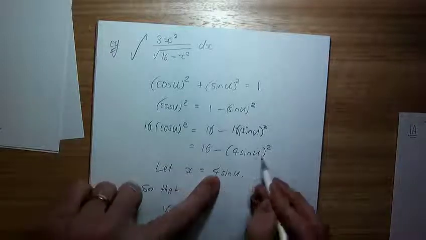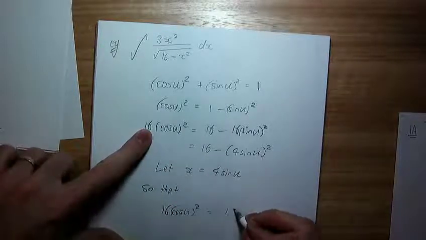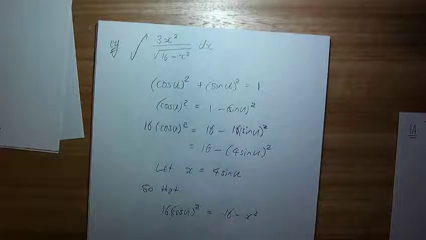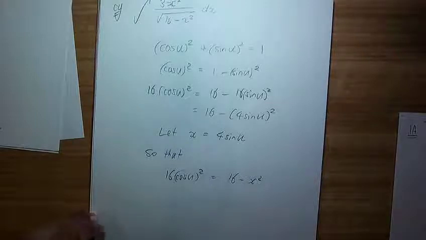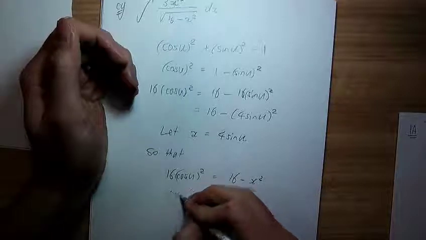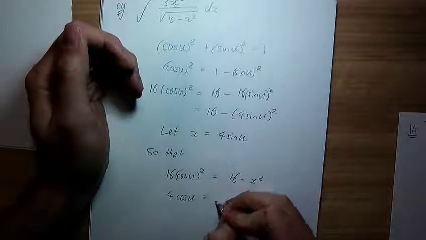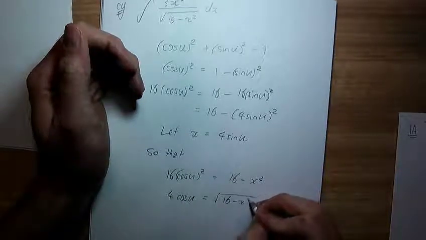So let x be 4 sine u, so that this thing is now 16 minus x squared. And it matches precisely what is in my integral. But the thing in my integral has actually got a root, so I'm just going to do the square root of both sides. So, like that.